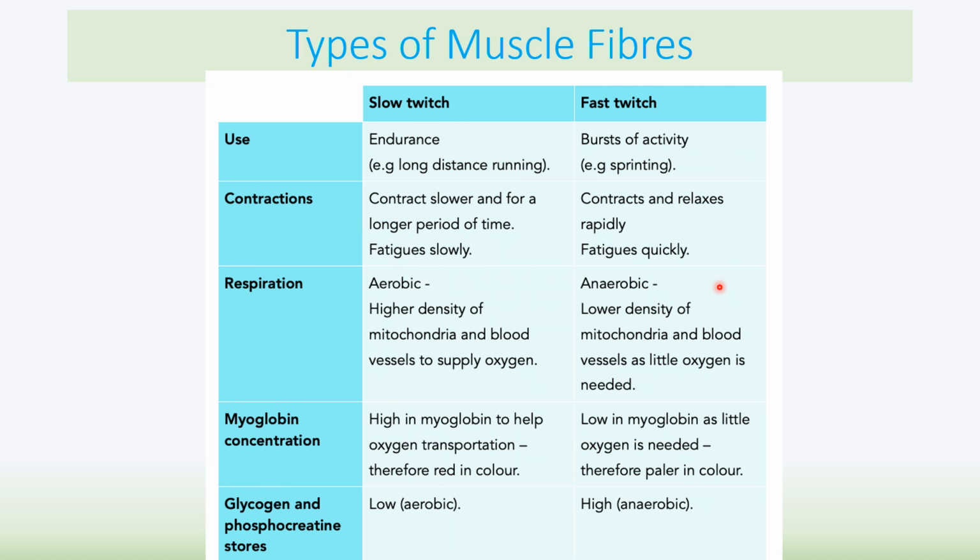Blood vessels are needed less because little oxygen is needed as it relies on anaerobic respiration, and then it can slowly replace the oxygen to break down the oxygen debt afterwards. It has very little myoglobin because little oxygen is needed, so they're often paler in colour, but it will have a lot of glycogen and phosphocreatine stores. And if you don't know what the phosphocreatine stores is, watch my video about muscle contraction.